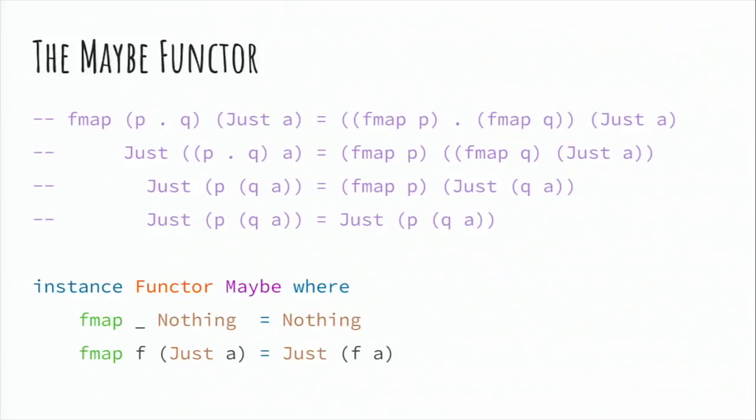And then you look up the definition and it says, oh, that should be Just (Q A). And then you have another fmap that you apply, and you can look up the definition again, and you get Just (P (Q A)). So do this as a training exercise at home. It really holds, which is a good thing, because otherwise Maybe would not be a functor.